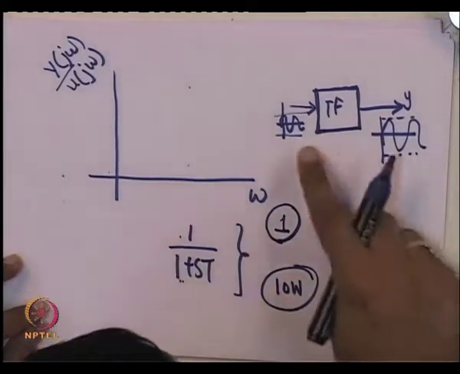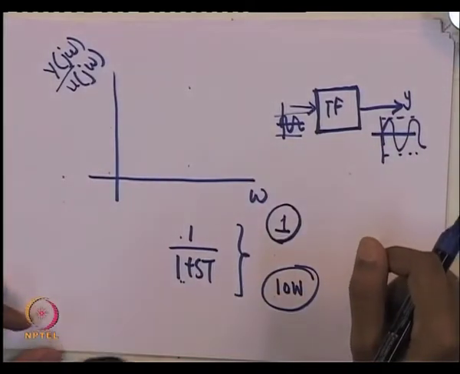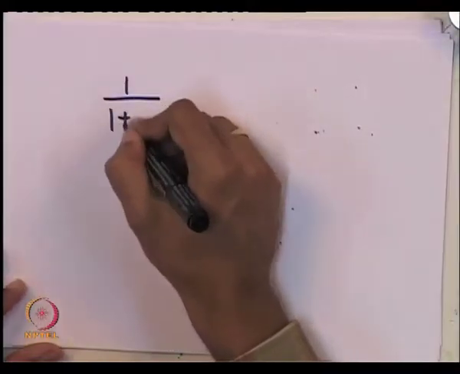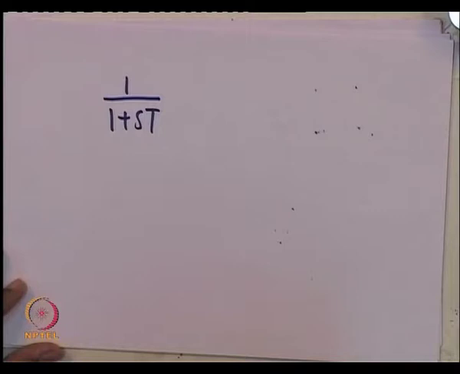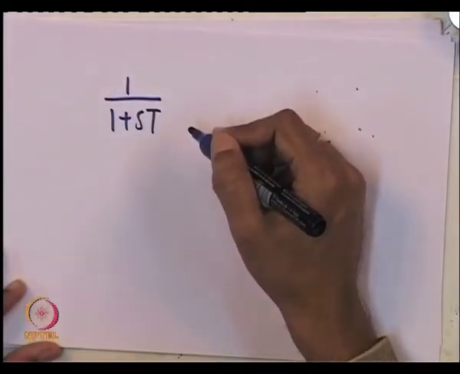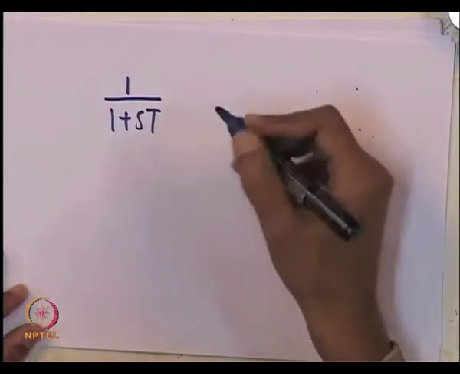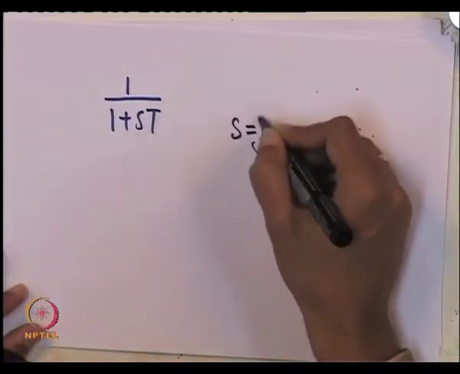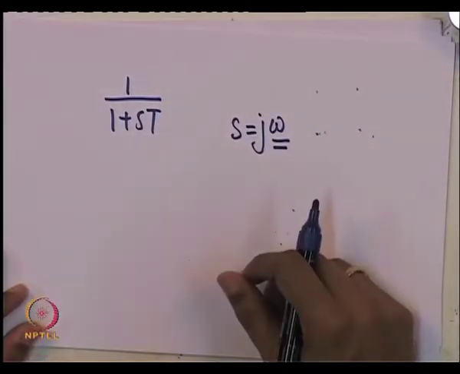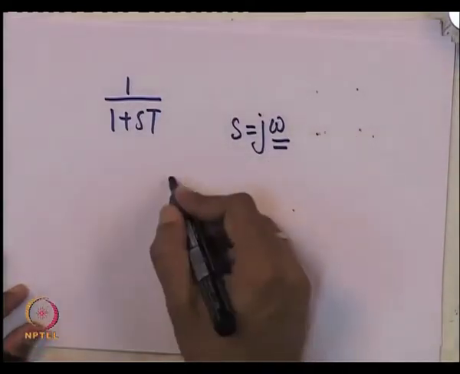How do I know this phase shift and the gain? Well, you can do it very simply using a transfer function. If I give you a transfer function, and I want to know its gain and phase shift, all I need to do is put s equal to jω, with ω corresponding to the frequency at which you are interested in getting the frequency response, and you can get the answer.